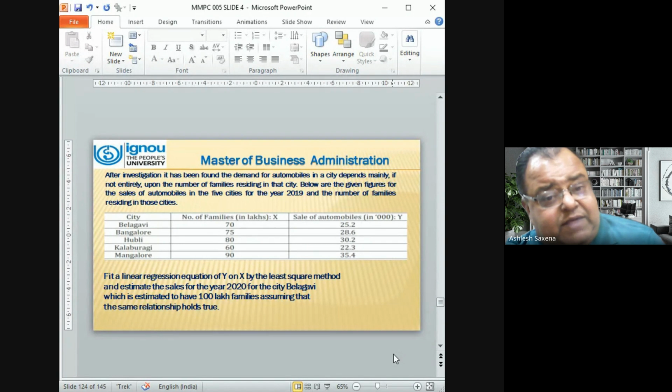We have data for 2019 and we are being asked to calculate it for 2020 for the city Belagavi, which is estimated to have 100 lakh families, assuming that the same relationship holds true.